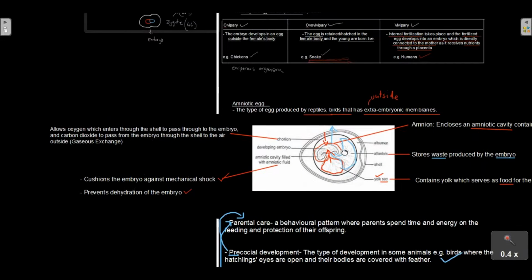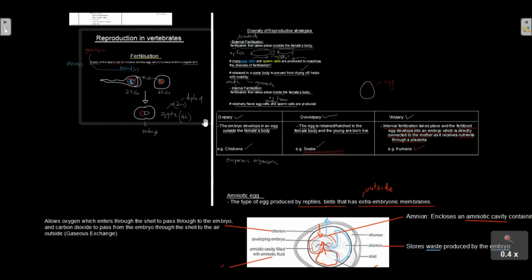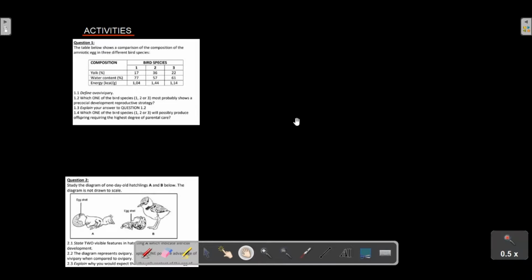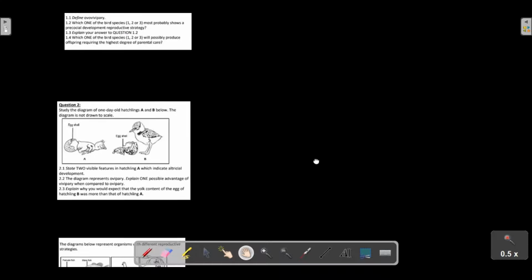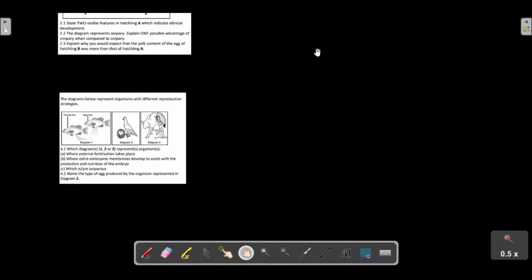Right. So let's take a look at some of the activities that I've compiled. I have compiled 3 activities here: activity 1, the second activity, and the third activity.